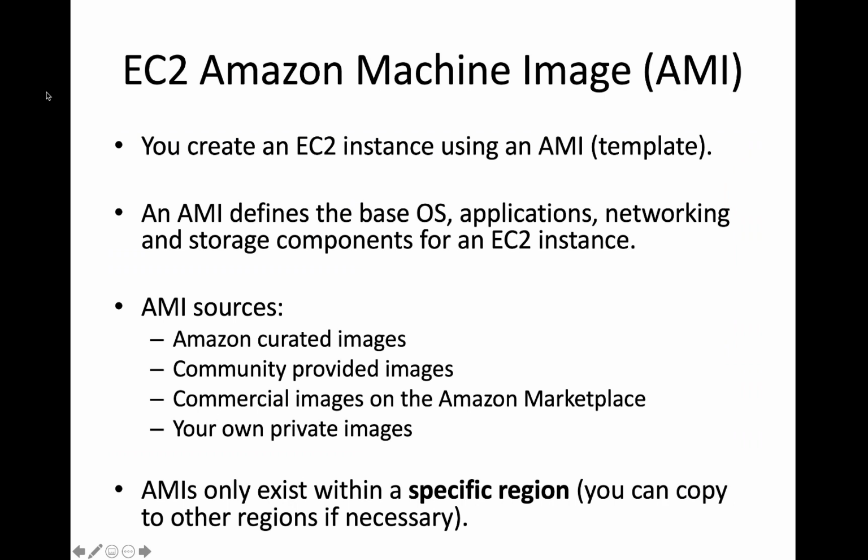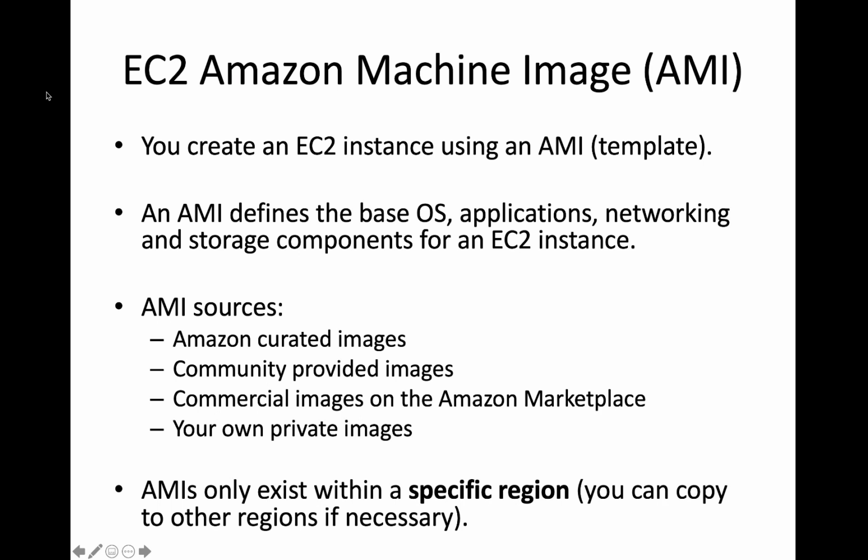When we create an EC2 instance, we have to start with some sort of template. You can imagine, if you had a bare metal physical server and you were to start configuring that server, the first thing you would do is load in an operating system, and the operating system might have a set of applications and configurations that are baked into it.